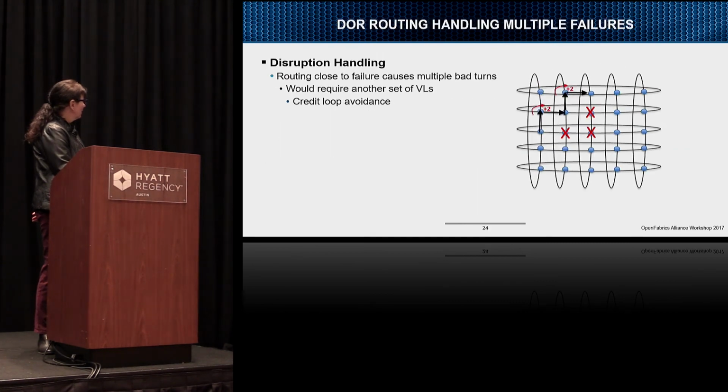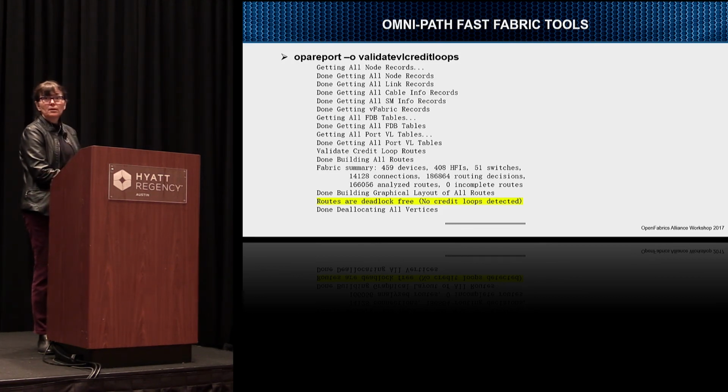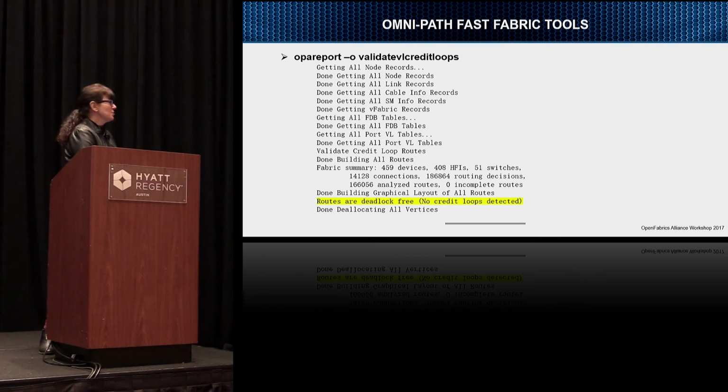This was the one I had for torus, this OPA report tool. We also have path usage reporting. You can use the path usage tool, and it'll walk the fabric and analyze how many paths are used on all the ISLs and see how balanced it is. We use it all the time to verify that it's all laid out properly.